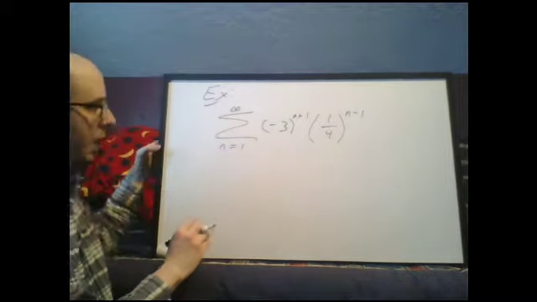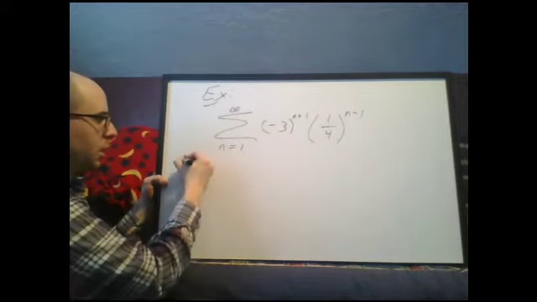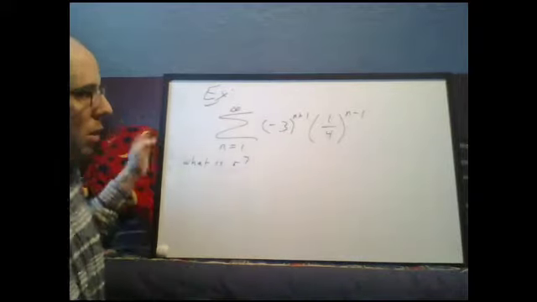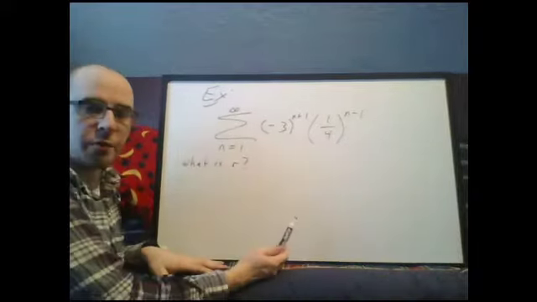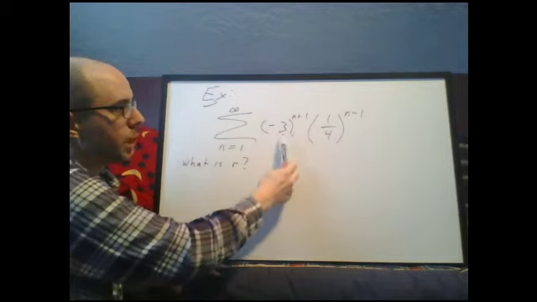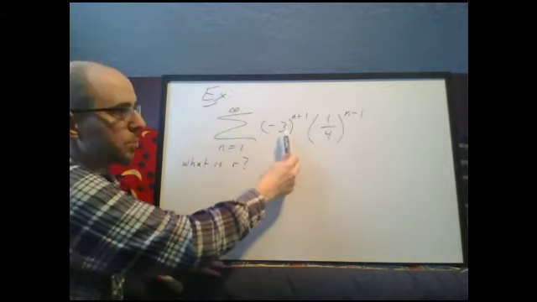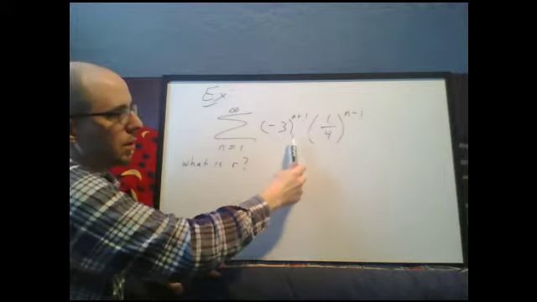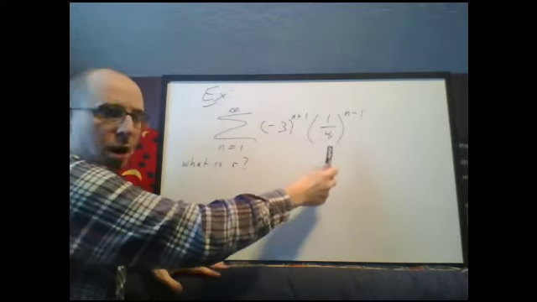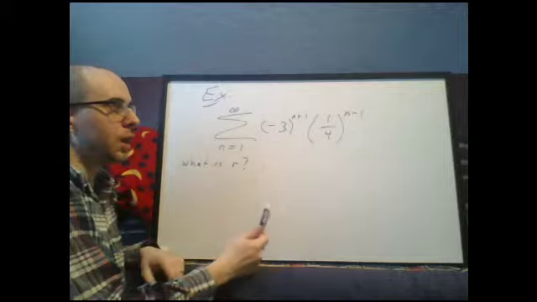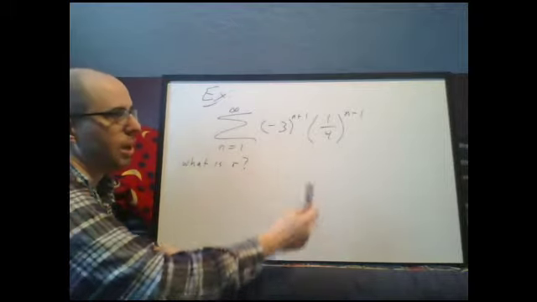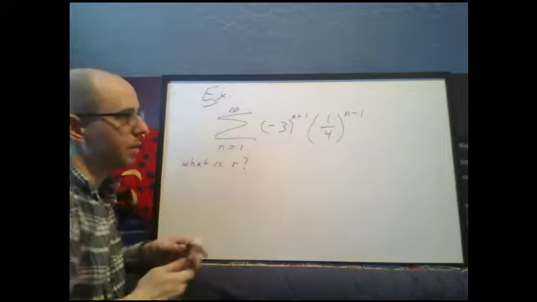So what I want to do is ask two questions. What is r? Well, the giveaway here that it is geometric is we have constants, numbers being raised to powers involving n. And it's a product of these things. So think of it like this. Every time I increase n by 1, what am I multiplying by?